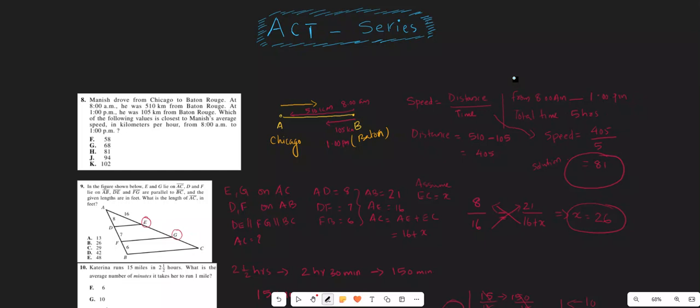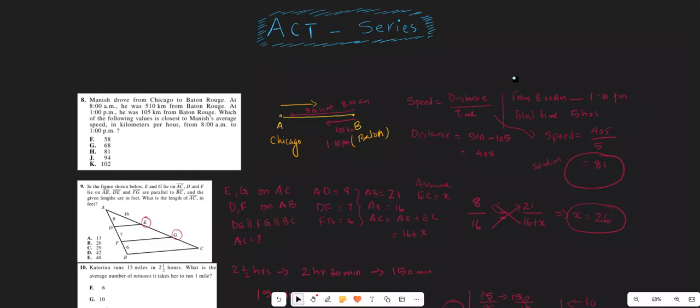So at 8 a.m. the distance from Baton Rouge was 510 km. At 1 p.m. the distance from Baton Rouge is 105 km. So from 8 a.m. to 1 p.m. the time is 5 hours.